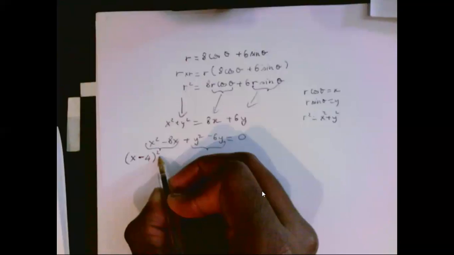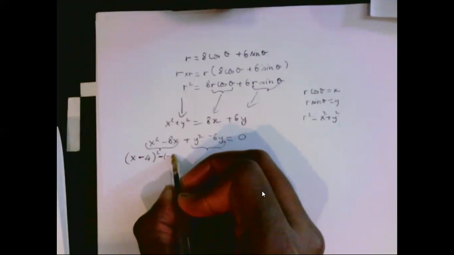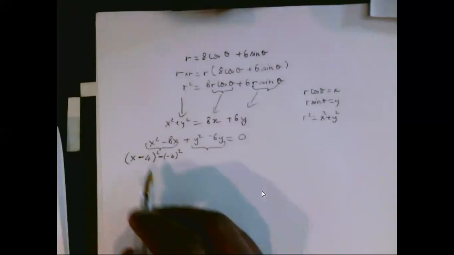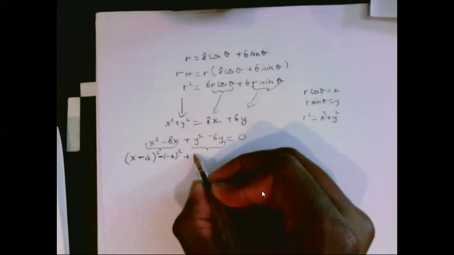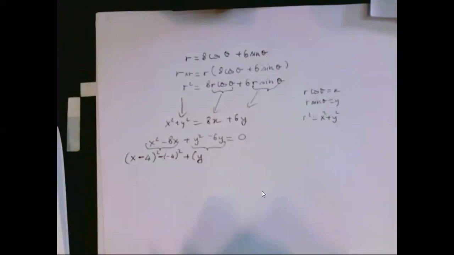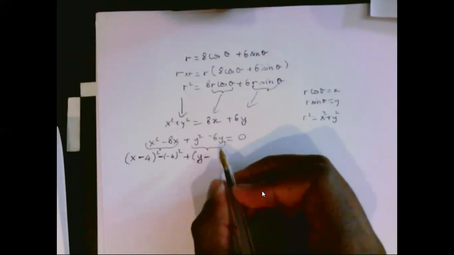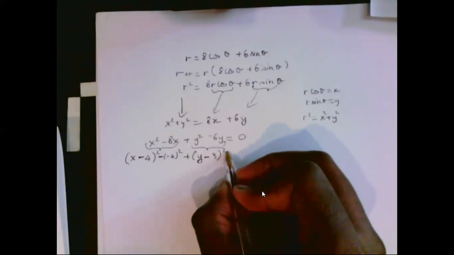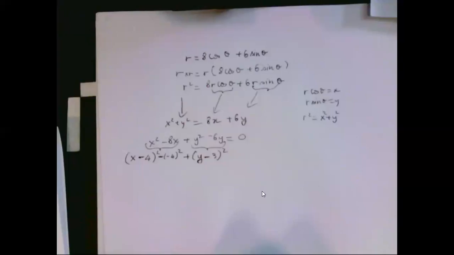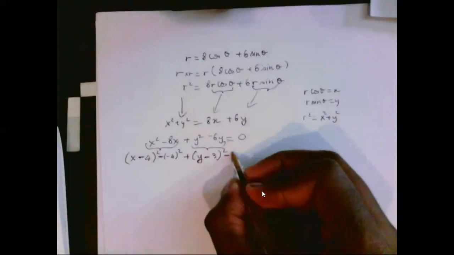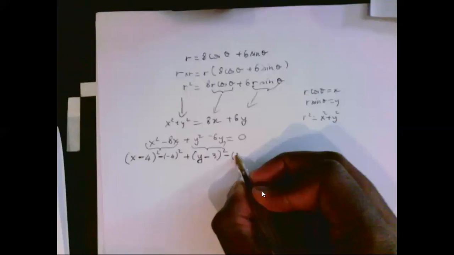I copy the plus sign in the middle, and I write the variable y, minus, copying the sign, half of 6 is 3, and I square the whole thing, minus 3 squared, and that is equal to 0.